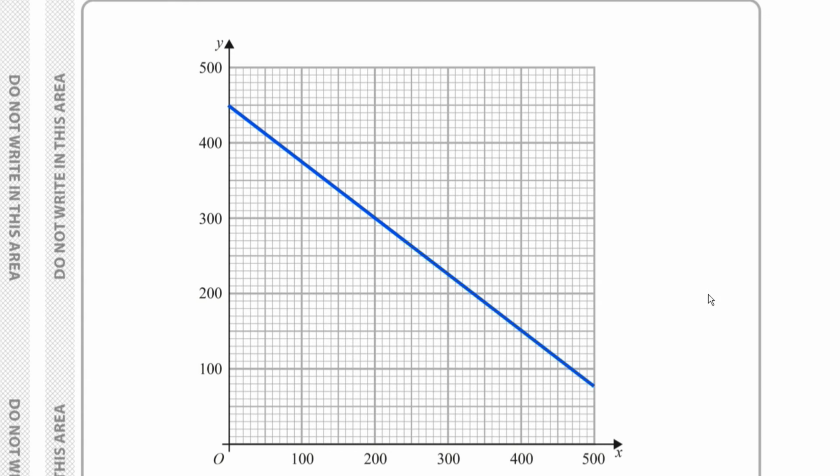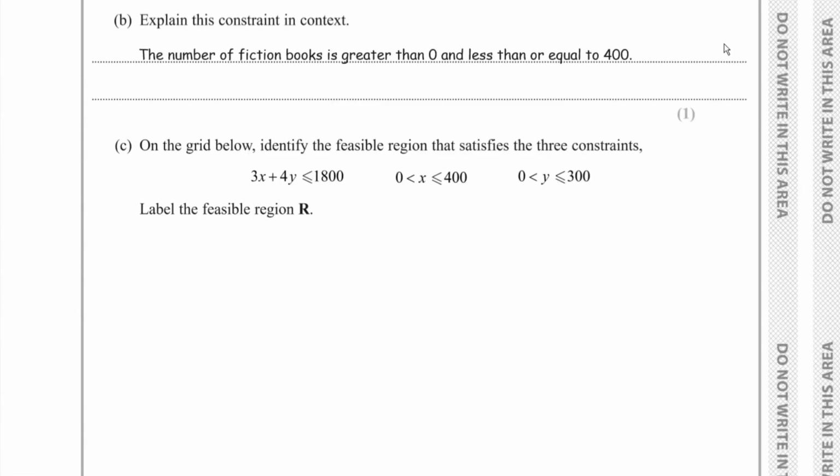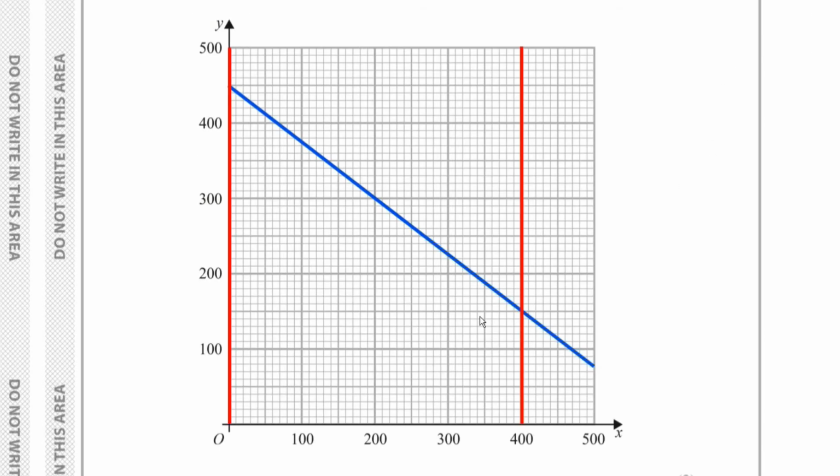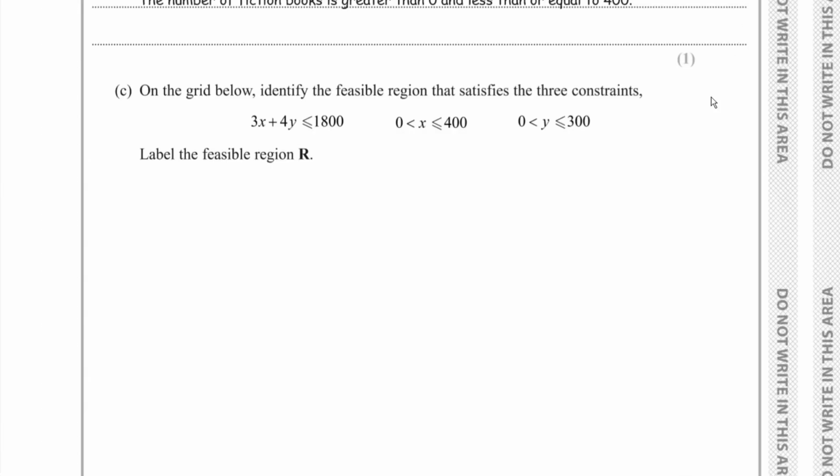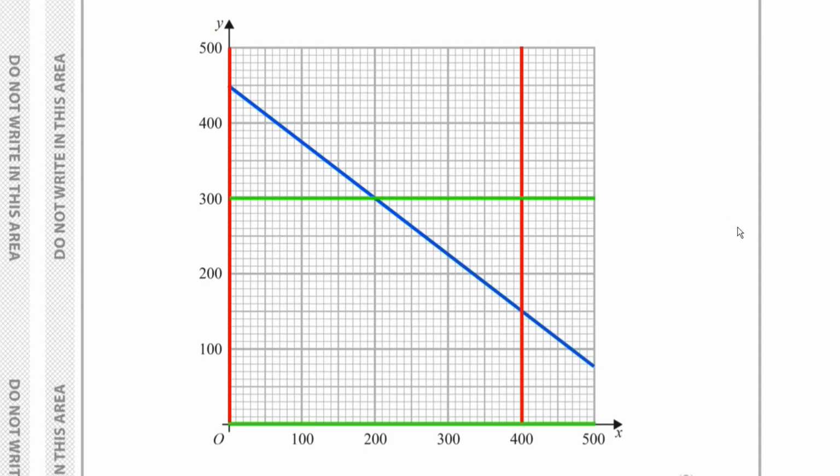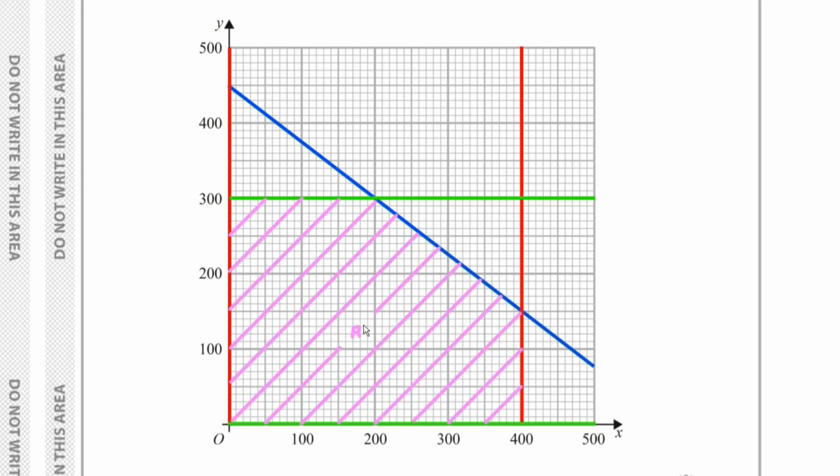So if I draw that line, we have this line here. Then we have x being in between 0 and 400. That is shown in red. And then we have y being in between 0 and 300. That's shown here. And so therefore, the feasible region R is shown here.